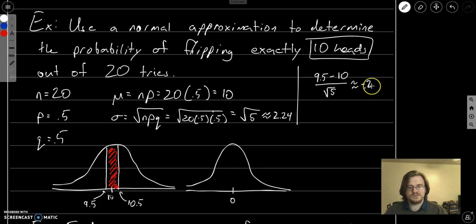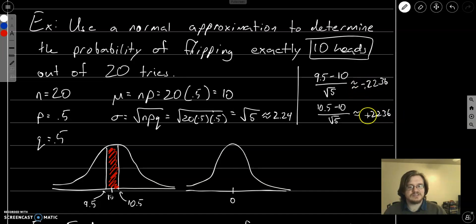negative 2.236. And for the z-score of 10.5, I take the value 10.5, subtract the mean, and see how many standard deviations away it is. This is going to be about 0.2236.